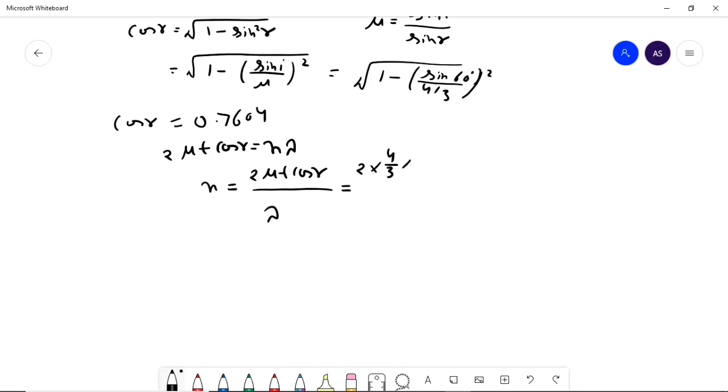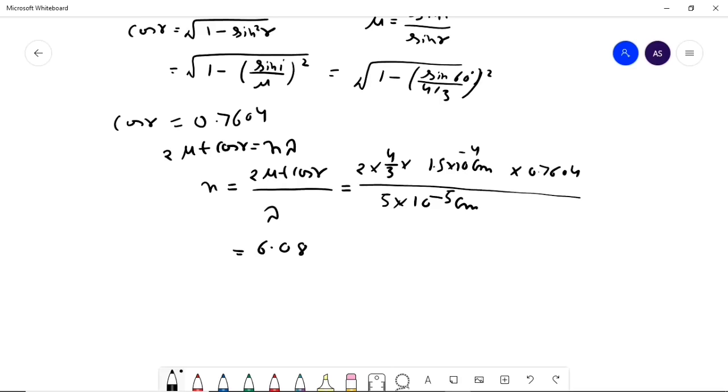Mu is equal to 4 by 3, t is equal to 1.5 into 10 to the power minus 4 centimeter, and also 0.7604, and divided by the value of the lambda, which is given as 5 into 10 to the power minus 5 centimeter, and the final answer is 6.0832, and finally the answer is 6.